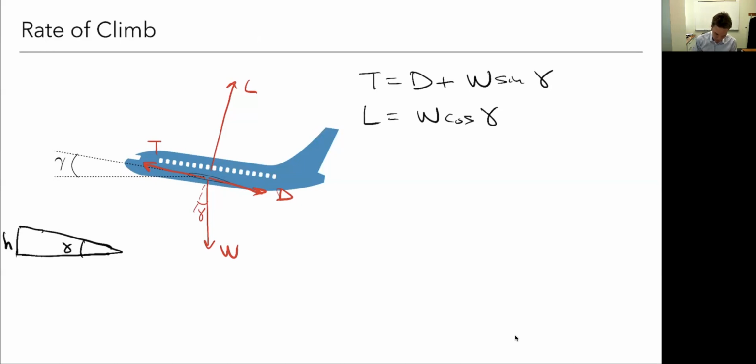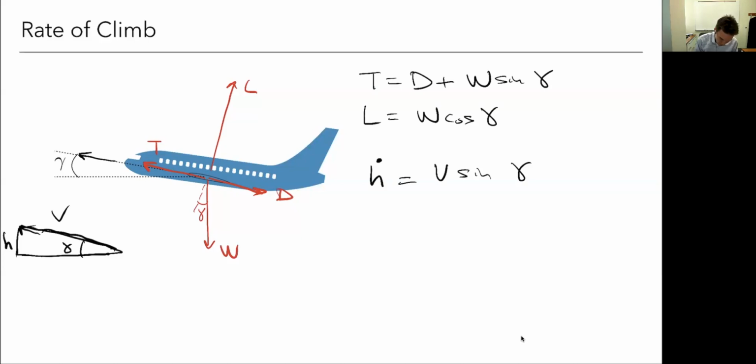What I want is h dot, meaning how fast am I going in the vertical direction? I know how I'm going this direction, right? This is my speed. I'm going that direction with speed v, but how fast am I going in the vertical direction? So if this is v, then h dot is just going to be the component in the vertical direction, v sine gamma. That's how fast I'm going up, right?